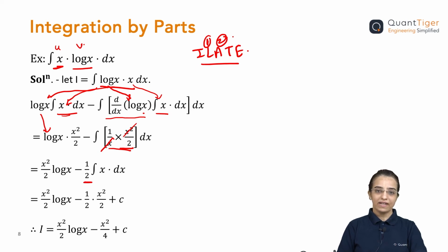So only x comes in the integration, whose integration we will find as x square by 2. This 1/2 stays as it is. This term we just carry forward. Then after simplification, we multiply this term, the rest of the term is already there.